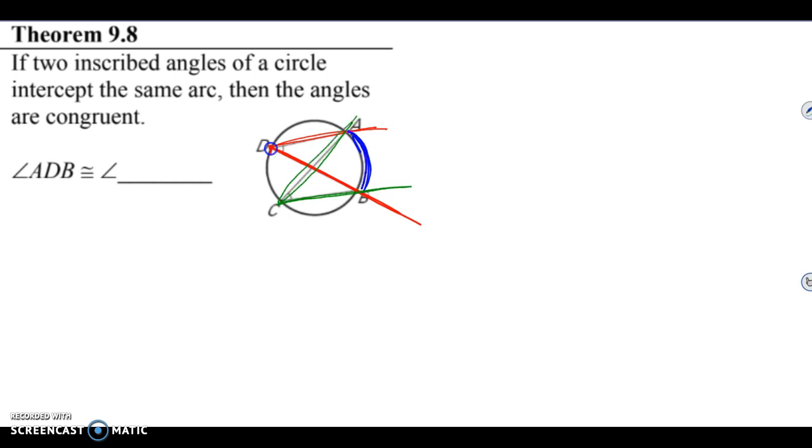It's intercepting the same arc. So if this arc was 50 degrees, this angle here would be 25 degrees, and so would that. So if two inscribed angles intercept the same arc, the angles have to be equal. So angle ACB, just fill in that line. Okay. Two inscribed angles intercept the same arc, the angles have to be equal to each other.